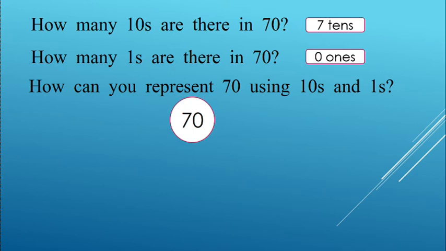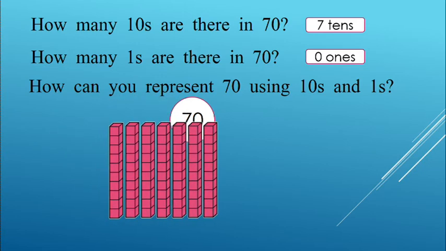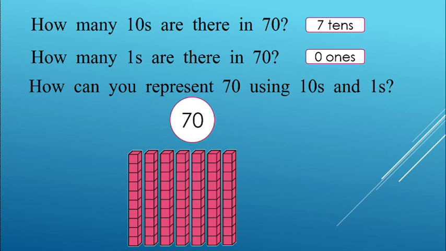To represent 70, we make use of a counter abacus. For 70, we can use 7 tens blocks and 0 single counters, which make up 70. So 7 tens and 0 ones.